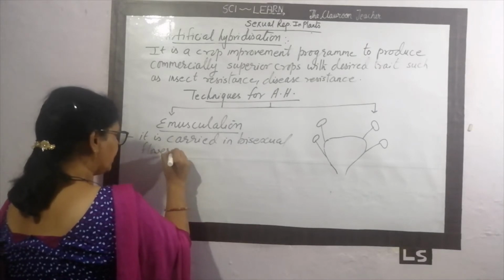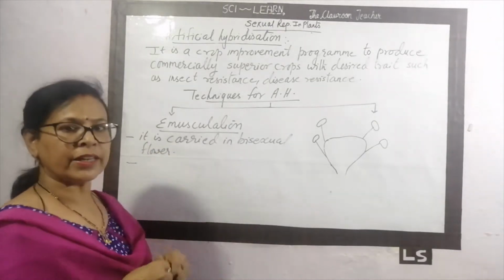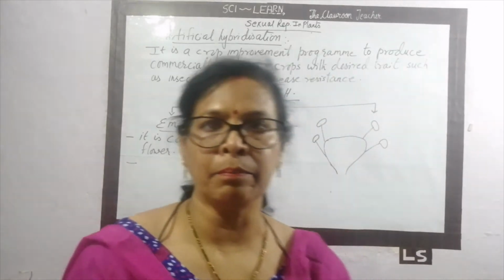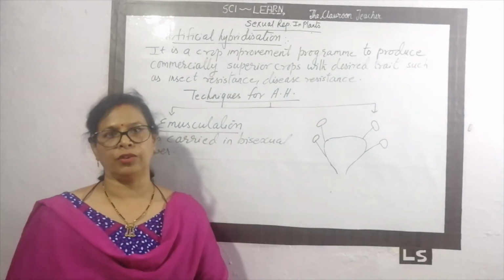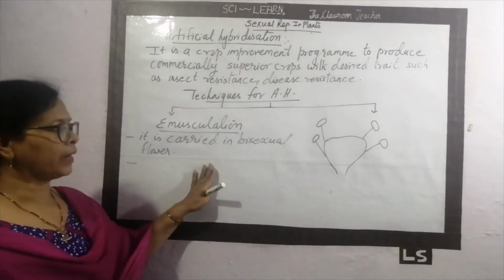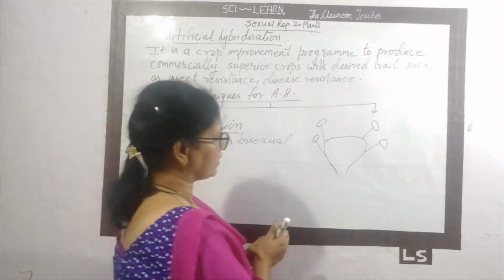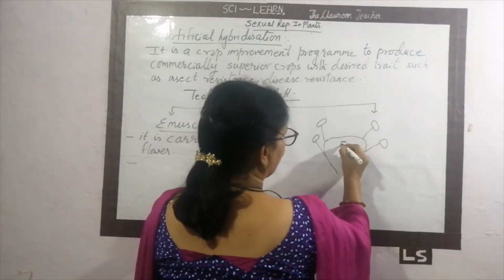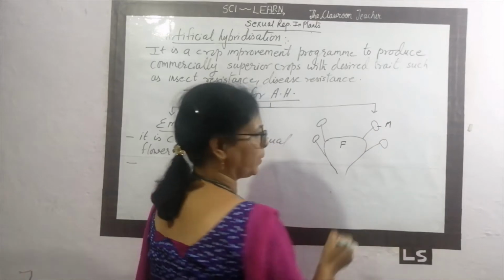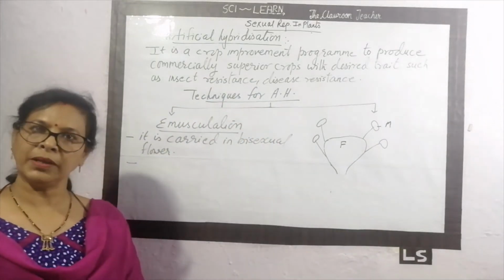It means a flower having both sexual organs in the same plant. This is the bisexual flower. This is the female part and this is the male part.